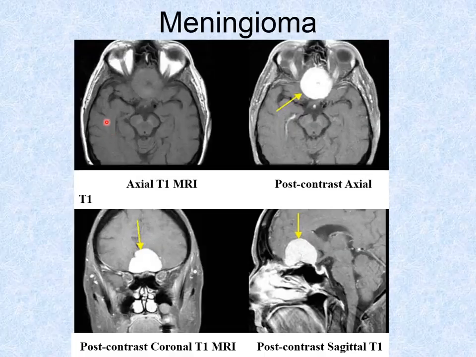A meningioma seen here in the frontal lobe can be seen both in an axial T1 image. You can see it because if you know the anatomical structure, but it would be hard to appreciate it.